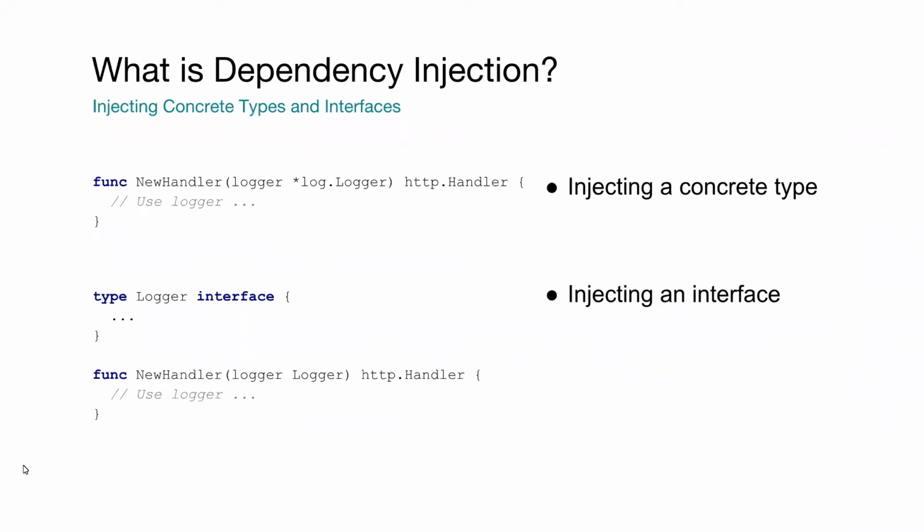And we have two options. We can inject a concrete type, in this case a pointer to logger, which is a concrete type from the standard library, or we can inject an interface. And if an interface does not exist in the standard library, we can always create one ourselves.